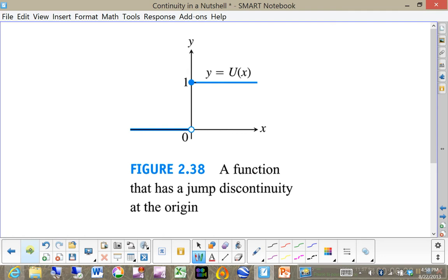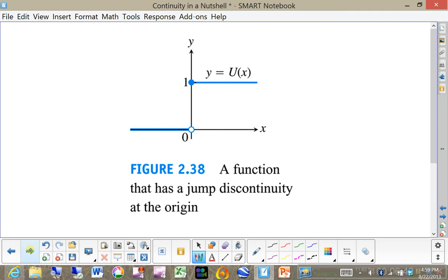Here is what I call a step function that's used quite a lot in all kinds of engineering and timing functions. The function is discontinuous at x equals 0.